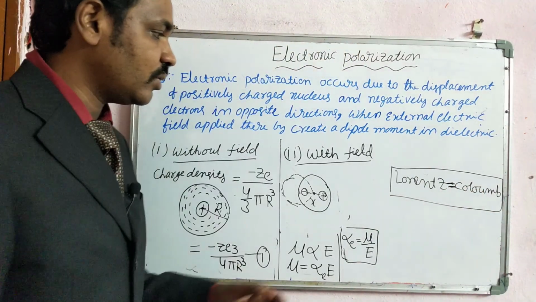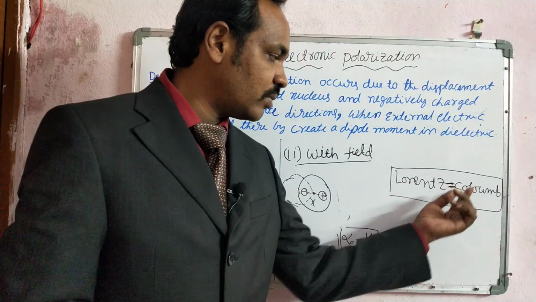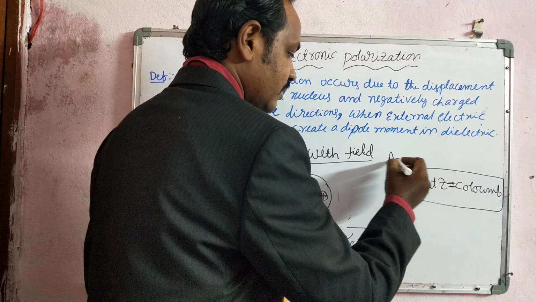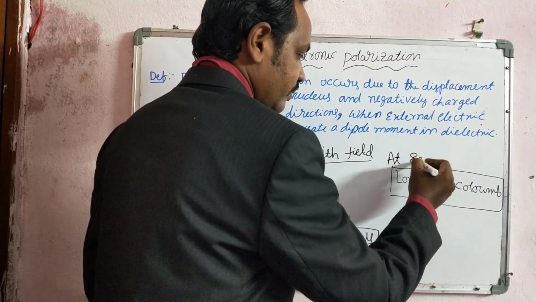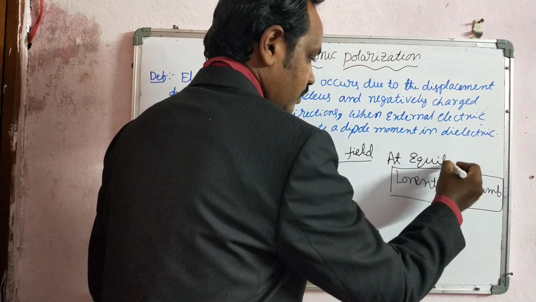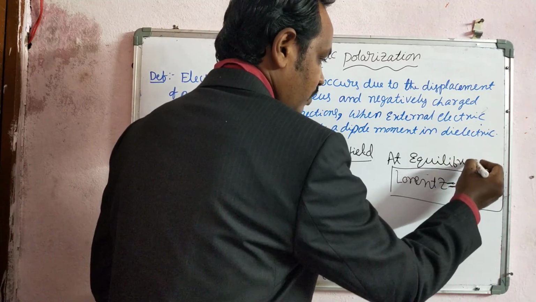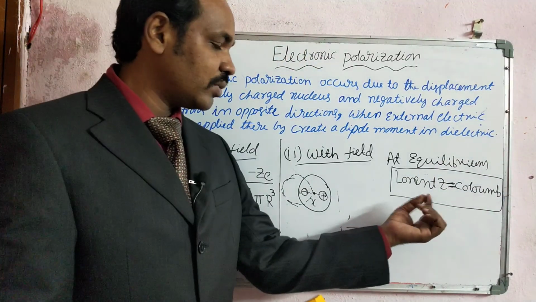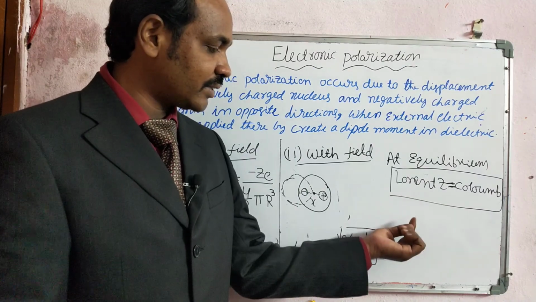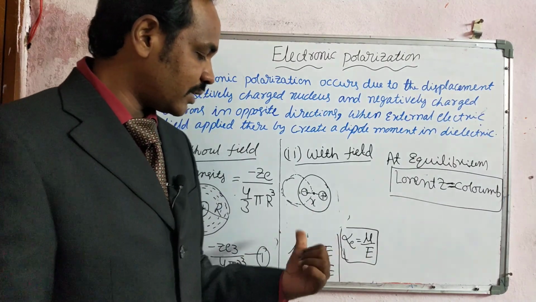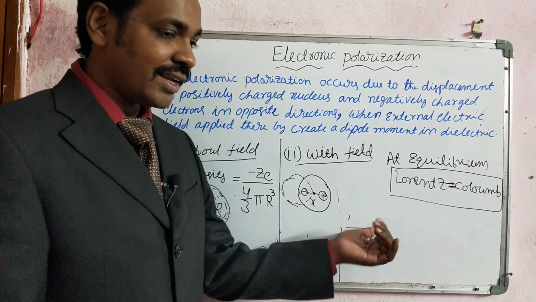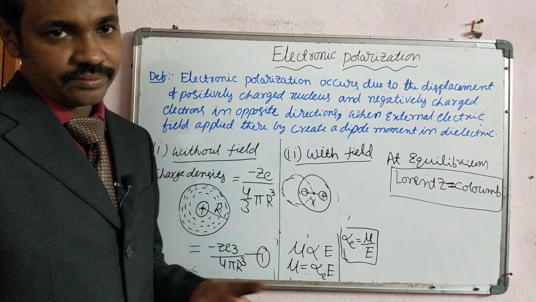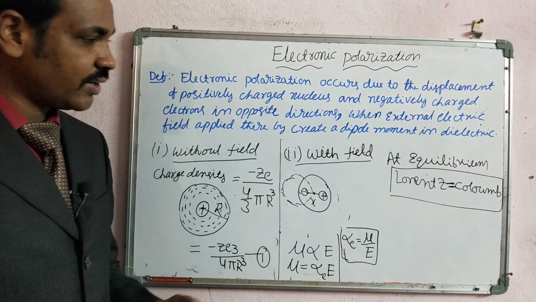Now we write the Lorentz force first, then the Coulomb force, and we equate them at equilibrium. From this you have to bring out the x value. I'll equate both and get the x value, and from that I'll substitute in this equation and get the alpha E value, which we have to derive. Okay, can I go for the derivation?